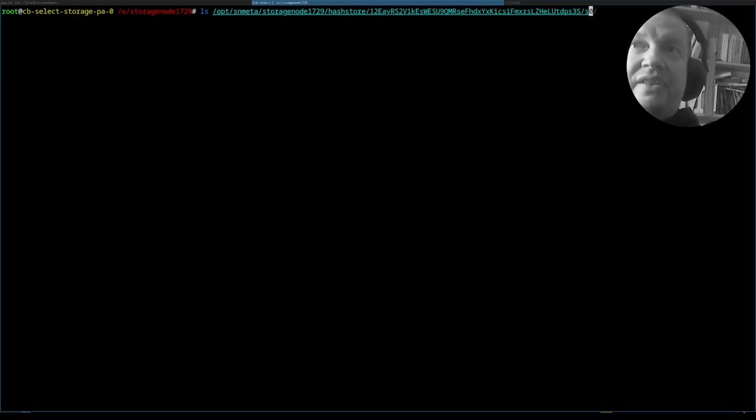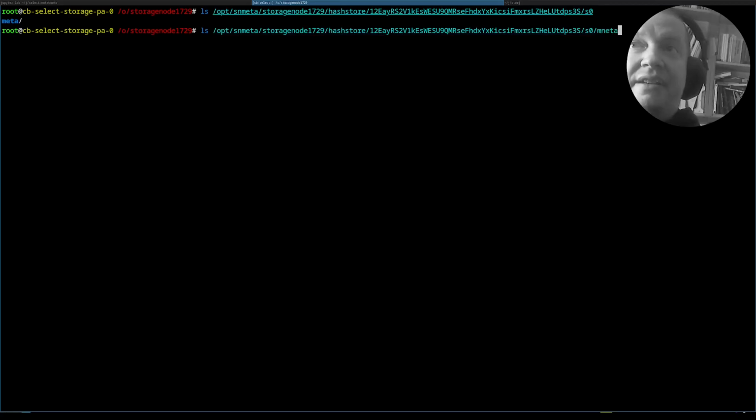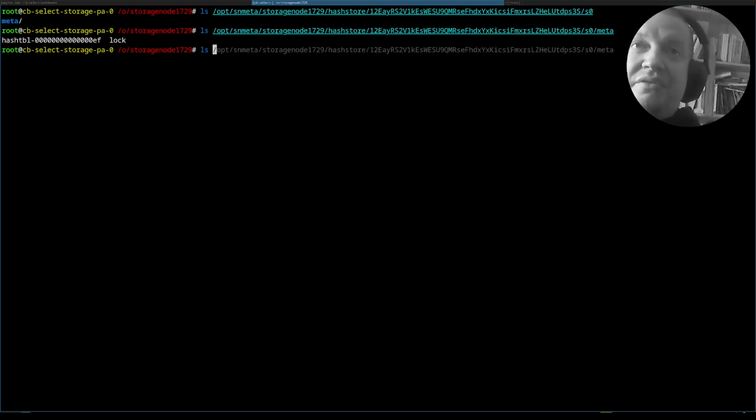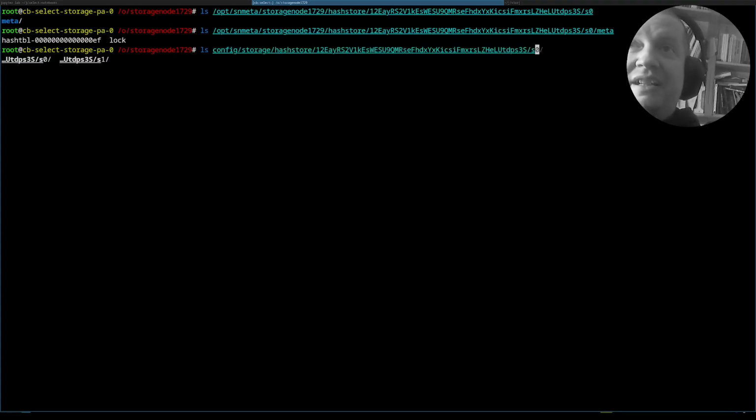This is one satellite, and here I have the metadata, which is something like a database where we have the piece store, and we have a piece ID, and for each piece ID, which is the key, it points to a log file, which is somewhere here.